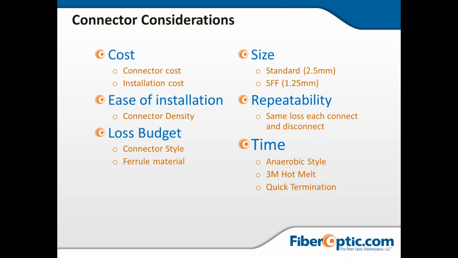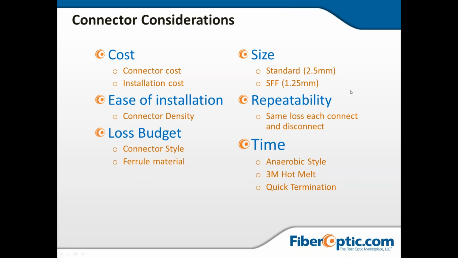So the particular connector styles may prohibit you from using those connectors because they don't fall into the loss budget where you're supposed to. And that is also broken down to the ferrule material that we'll go into in more detail, whether it's ceramic, steel, or plastic polycarbonate, polycarb.